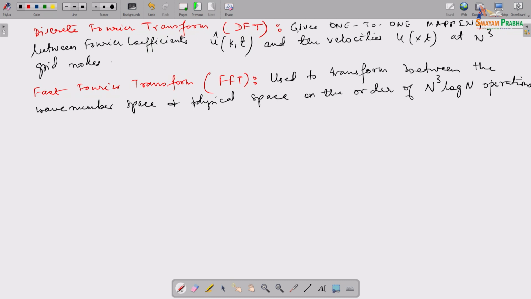Now, a spectral method. So this is basically the fast Fourier transform. A spectral method involves advancing the Fourier modes in small time steps delta t according to the Navier-Stokes equations in wave number space.